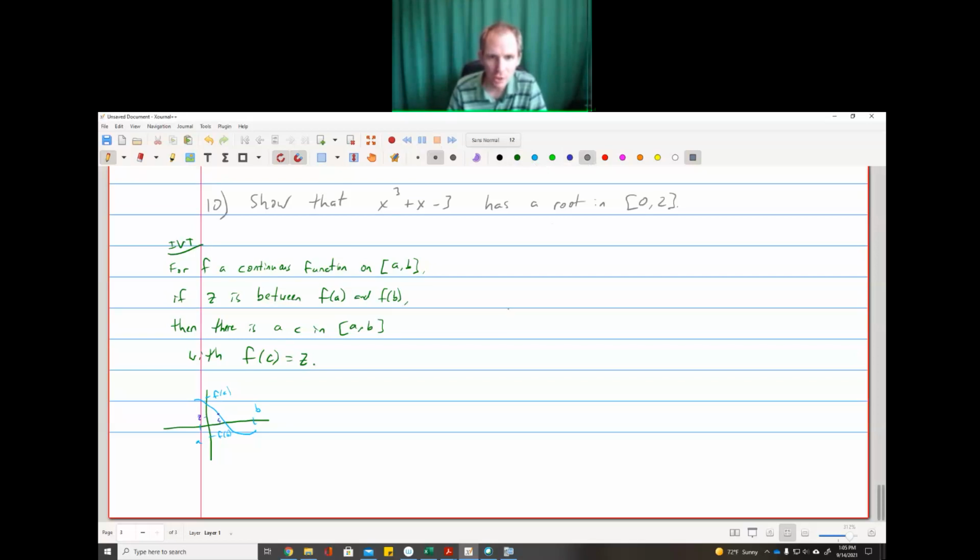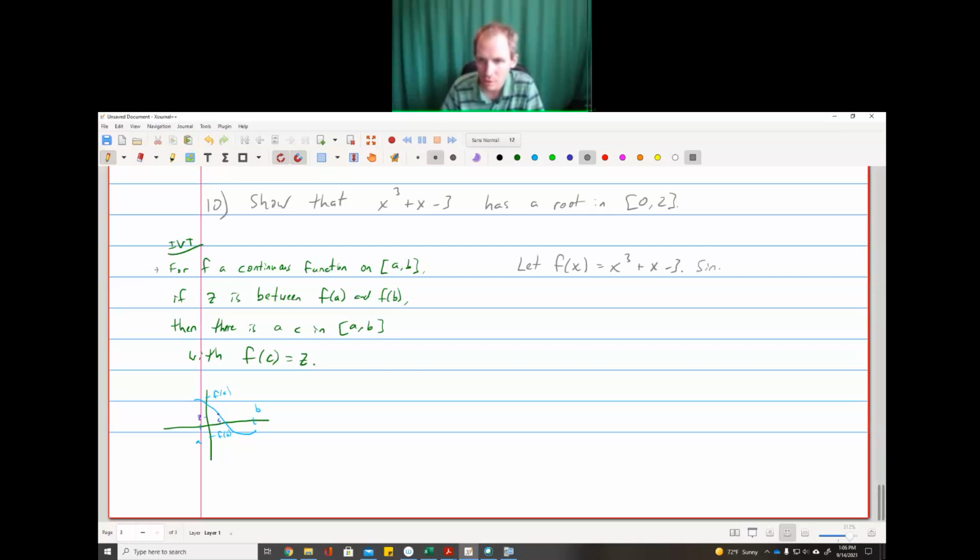So let's look at how we can use that here. I'm going to say I need a function. So this expression that I have, I'm going to define to be my function f of x. So let f of x equal x cubed plus x minus 3. The first thing in my intermediate value theorem is that f has to be a continuous function. So I need to make note of why this function is continuous, and it's just a polynomial, and I know that all polynomials are continuous.